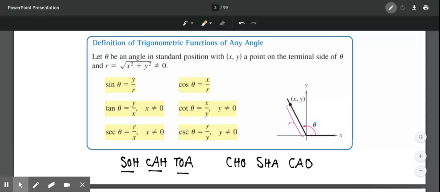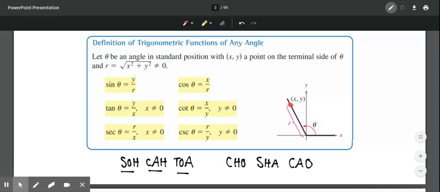So what's going to happen in this chapter is that maybe instead of giving you triangles, we're going to look at this in terms of angle measures. So if we have an angle measure and we end up at this point here, X and Y, what we can do is create right triangles to help us find sine, cosines, and tangents, right?